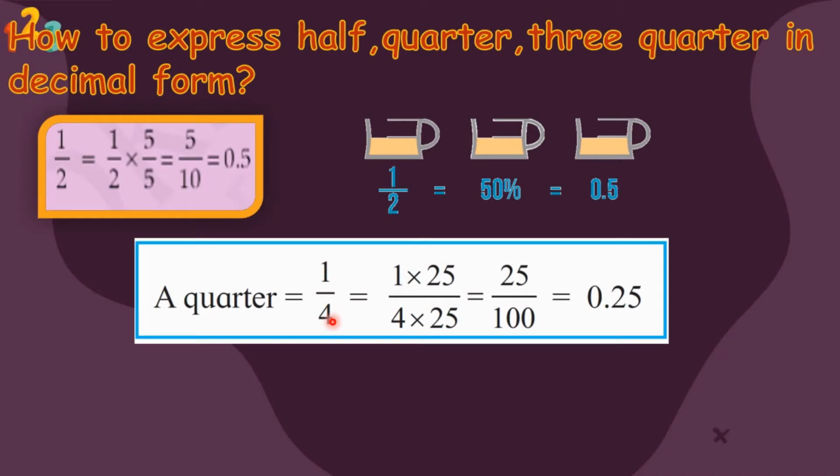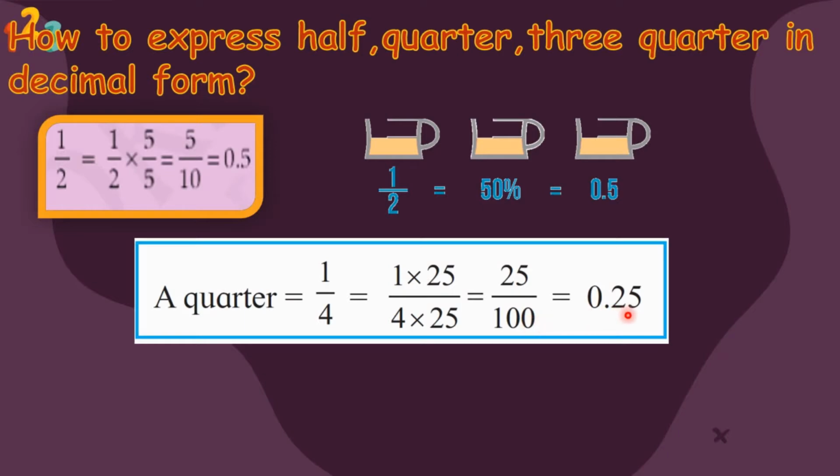But in order to convert this fraction in the decimal form, we need to make the denominator as 10, 100 or 1000. So here the denominator can be made as 100 by multiplying this fraction by 25. So we get equivalent fraction of 1 upon 4 with denominator 100 as 25 upon 100, which can be written as 0.25 using decimal point.